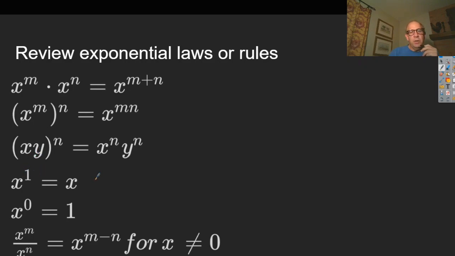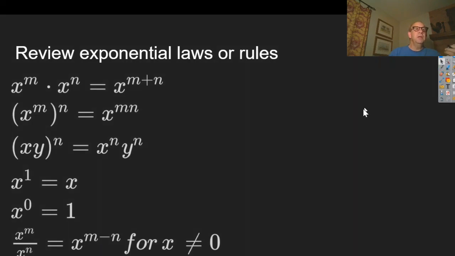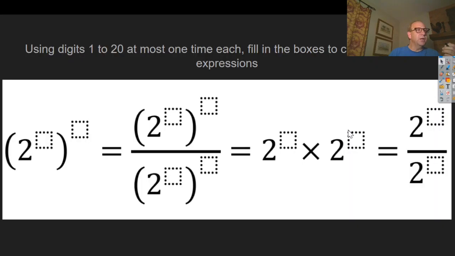X to the first power is x. X to the 0 power is 1. So any number to the first power is that number. Any number to the 0 power is always 1. And then if I'm dividing, that's very much the same as multiplying, except I'm going to subtract the powers. And this says I cannot be dividing by 0, right? So those are your rules. Write those down. You can use them in your test and then practice the problems that I give you.